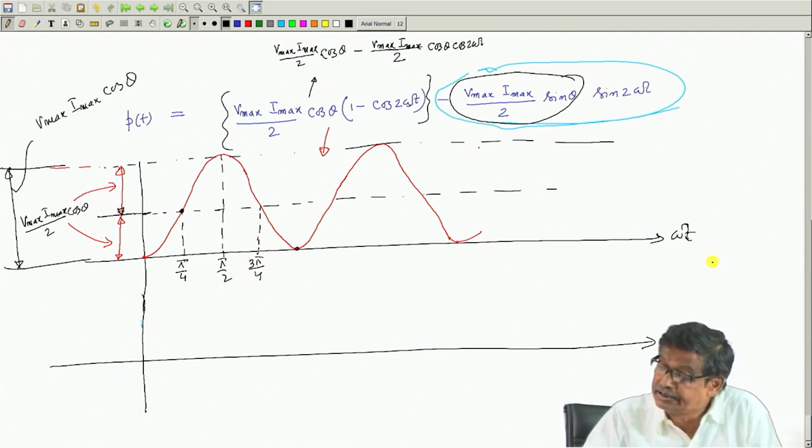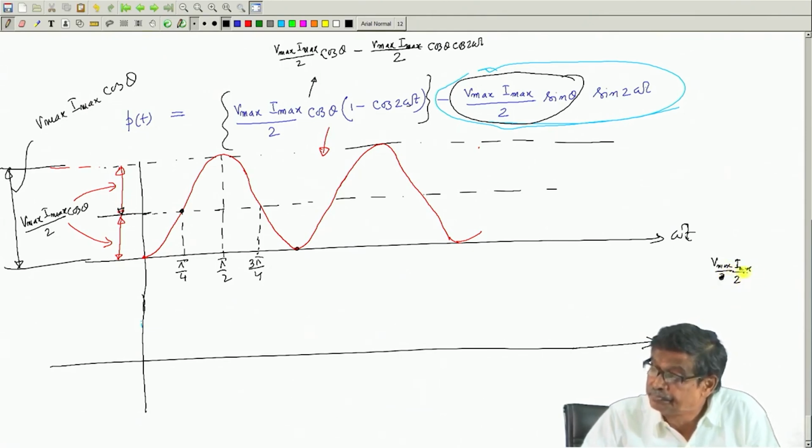So, I am now sketching this term: V max I max by 2 sin theta is the peak value of that sine wave into sin 2 omega t.